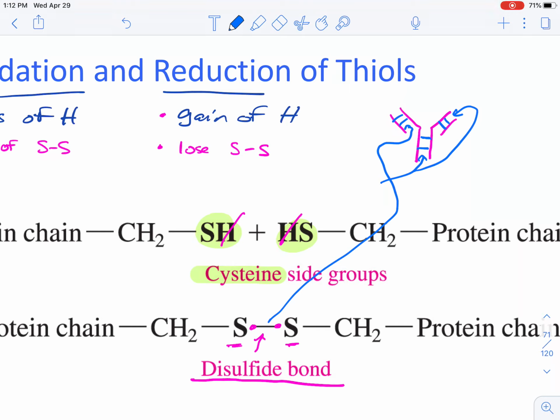And the lines in pink represent the polypeptide chain. And the connection of those polypeptide chains to form that antibody is only made possible through the oxidation of these cysteine amino acids to form that covalent bond.